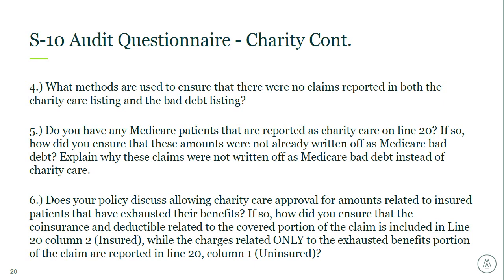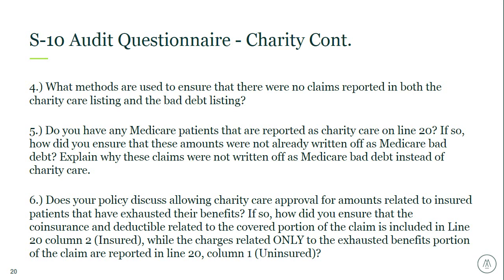Yeah, this goes along with the last one, and I think there are a couple of reasons why it's a separate question. The first being that duplication within Medicare bad debt and charity can happen quite frequently based on the Medicare bad debt that the hospital is claiming. So it's a much more common occurrence to have true duplication of charges between charity and Medicare bad debt.